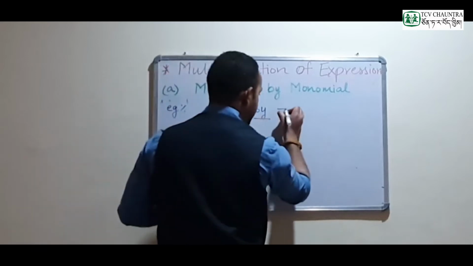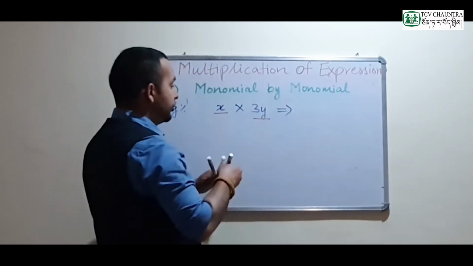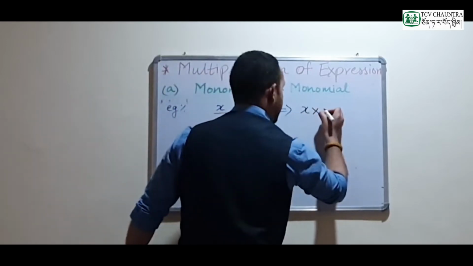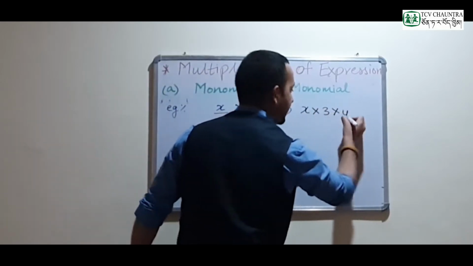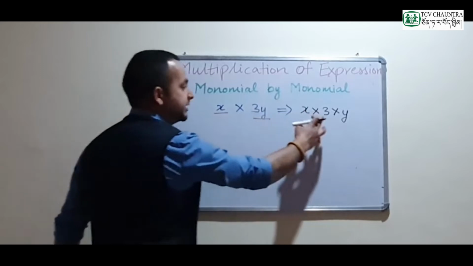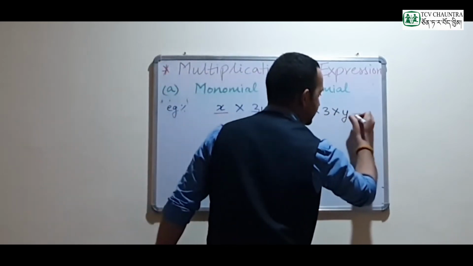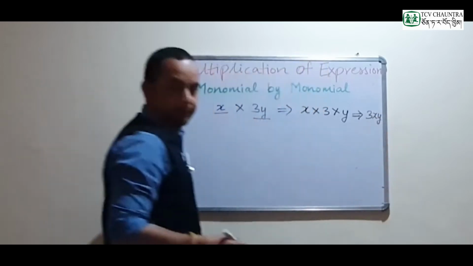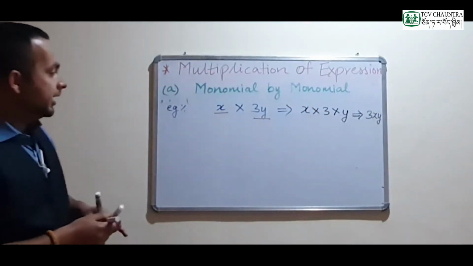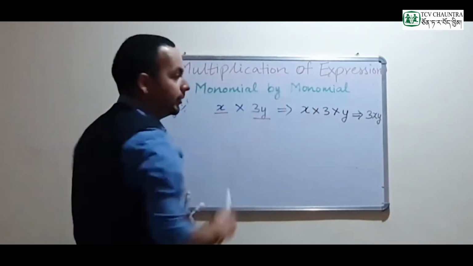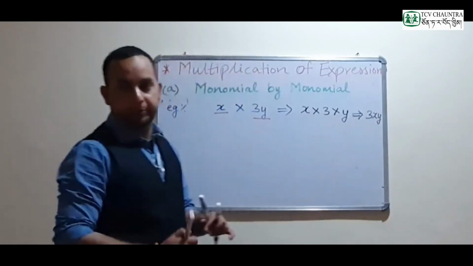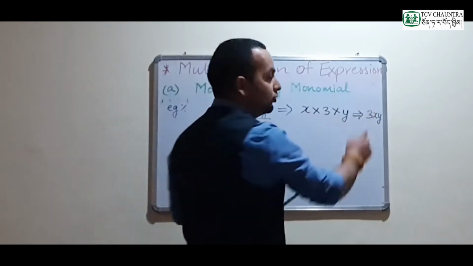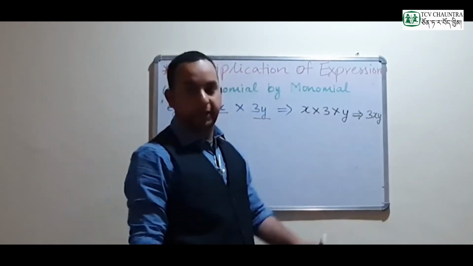The product is, see, we are going to multiply x multiply 3 multiply y, which is equals to 3xy. Understood? When we multiply monomial by monomial, we will get a product as a monomial. The answer is a monomial, right, here 3xy.